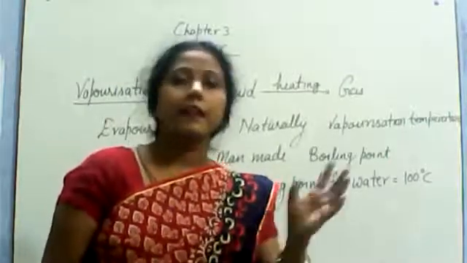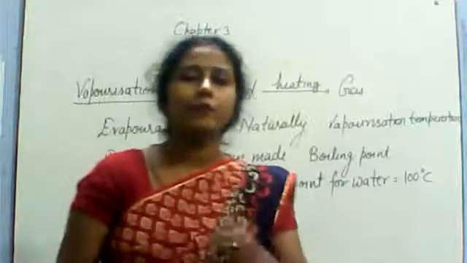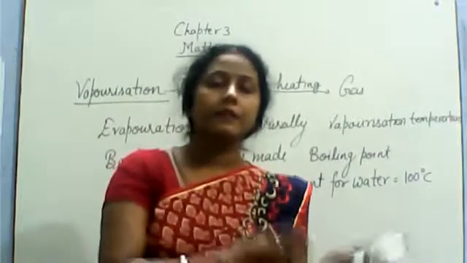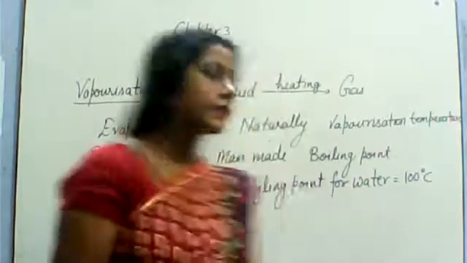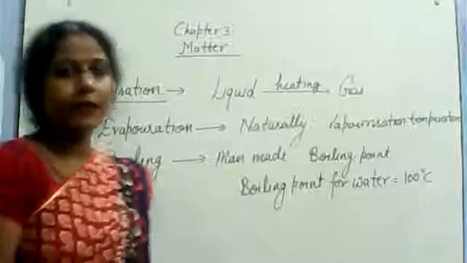In winter and in rainy days, it occurs a little bit, not more, but in summer days it occurs more than in rainy and winter days. So I hope you understood this topic, vaporization.